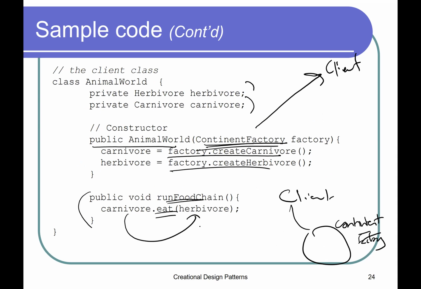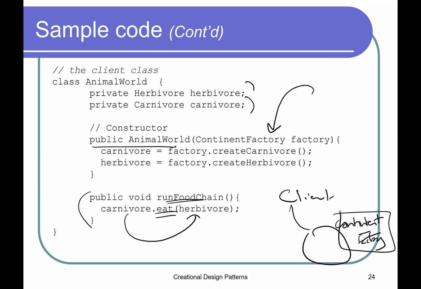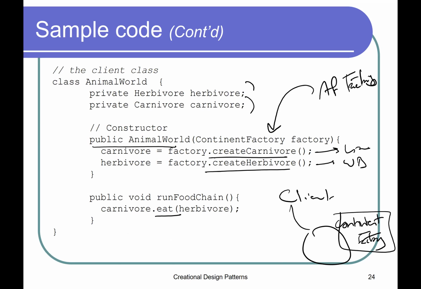We'll go back again to this world. What's coming in, passed in from the client, is on the outside a continent factory, but on the inside was actually an Africa factory. So when I execute create carnivore and create herbivore of the Africa factory, it produces the lion and the wild beast. When I execute the eat, remember this is the lion, my carnivore, and this is the wild beast, my herbivore.